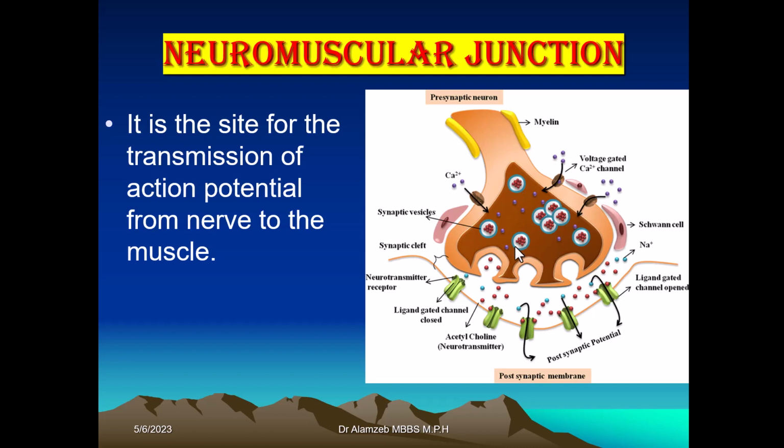Here the action potential arises, and this action potential is transmitted to the nerve fiber. This traffic is one way: the action potential comes from the neuron, it is converted into a chemical signal, and then the chemical signal is converted to an electrical signal. So this is a one-way traffic from neuron to the muscle.